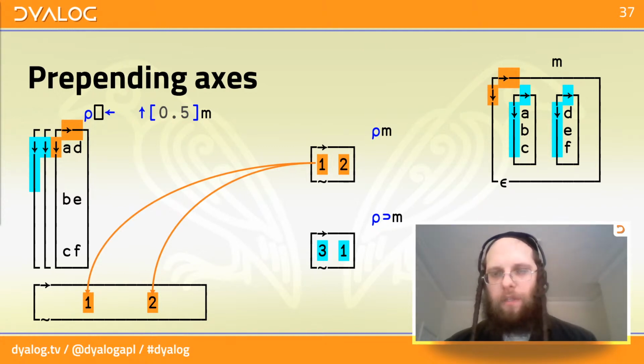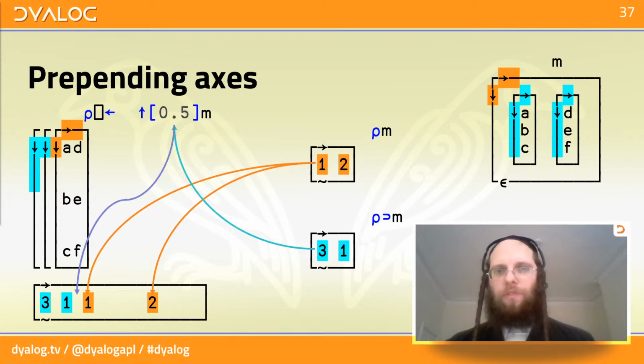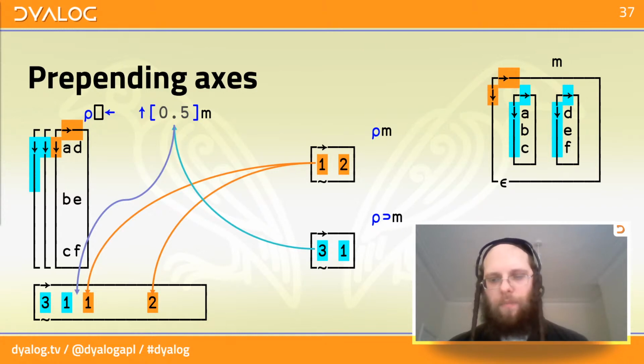But what's happening is that in order to place the inner shape into the framework of the outer shape, to mix the shapes, we take these values and look them up in the axis where they need to go, and we find out they need to go into slot 0.5, which means right before 1, so then they become leading axis.